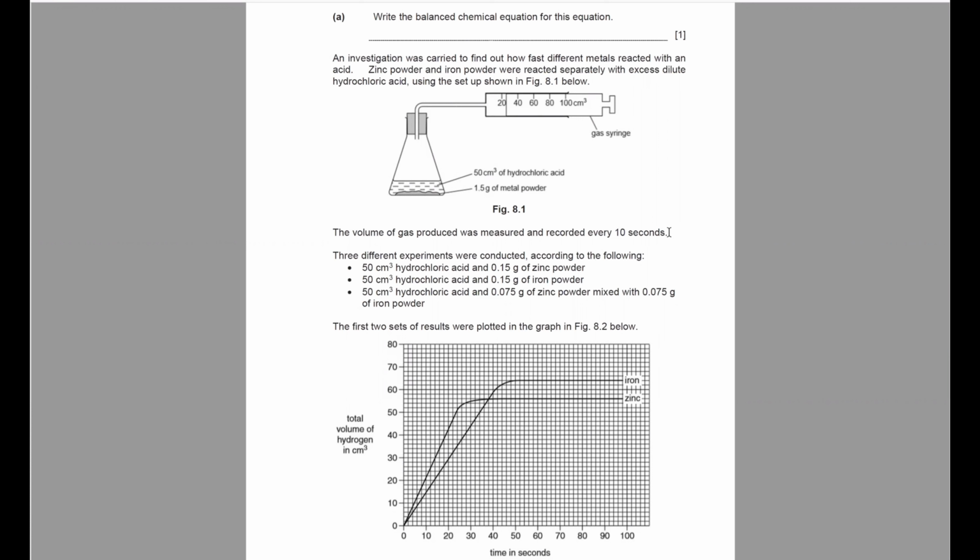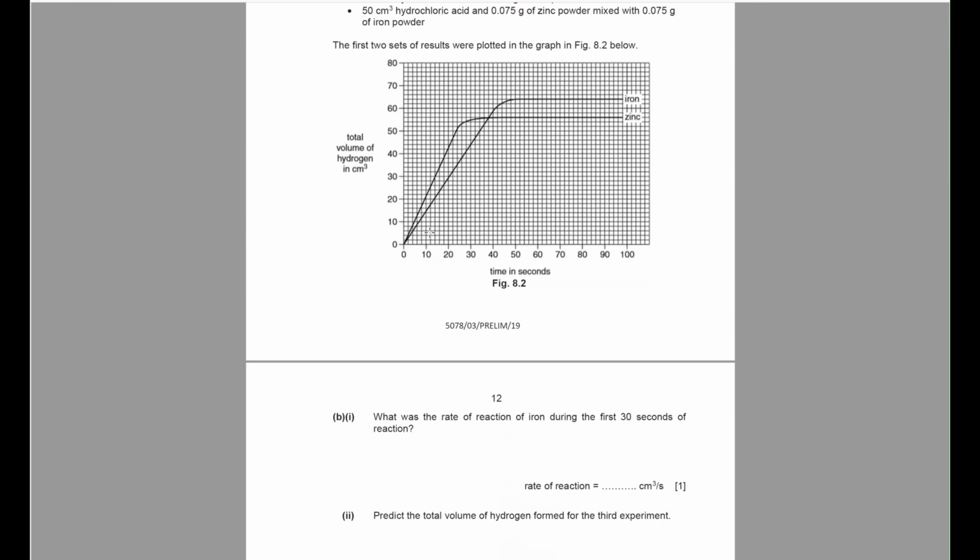Then they gave you this graph that shows that the reaction of zinc is faster and the amount of hydrogen produced is slightly different. So the first two sets, the result was shown.